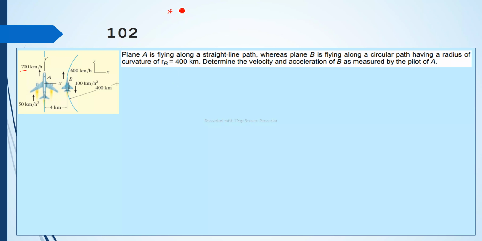The velocity of A is equal to 700 kilometers per hour. The acceleration of A is 50 kilometers per square hour.